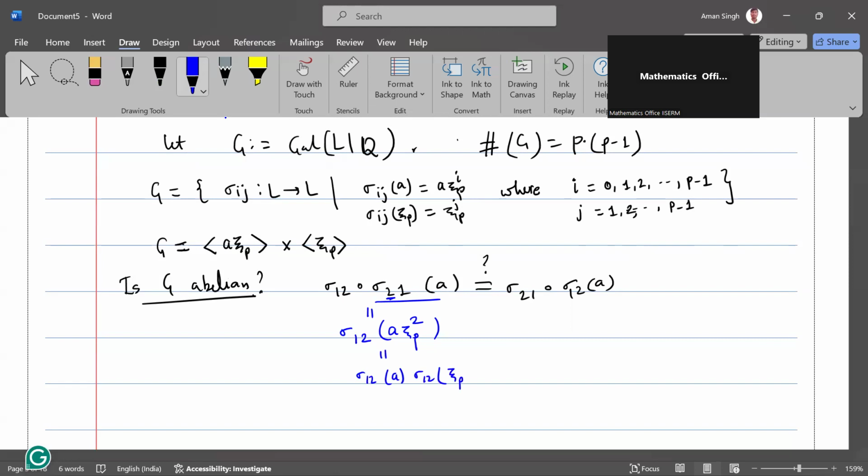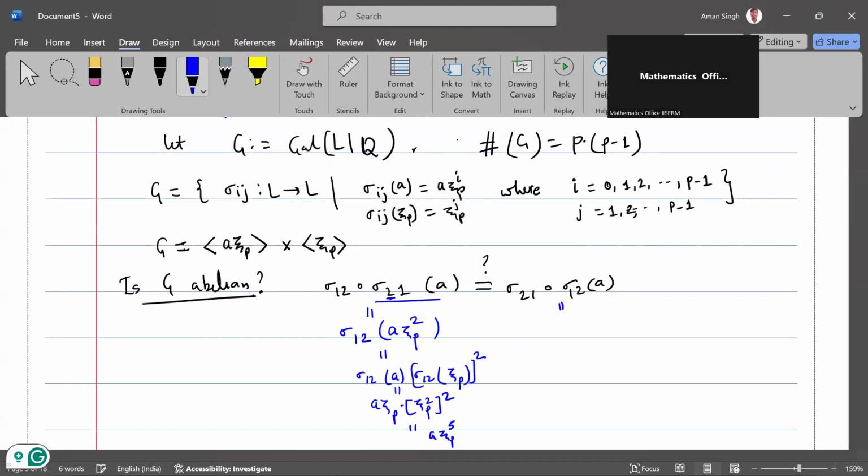But because this is a ring homomorphism, the square goes outside. So sigma 1 2 of A is just A into zeta P, and sigma 1 2 of zeta P is zeta P squared. Outside we have a square, so this becomes A into zeta P power 5.